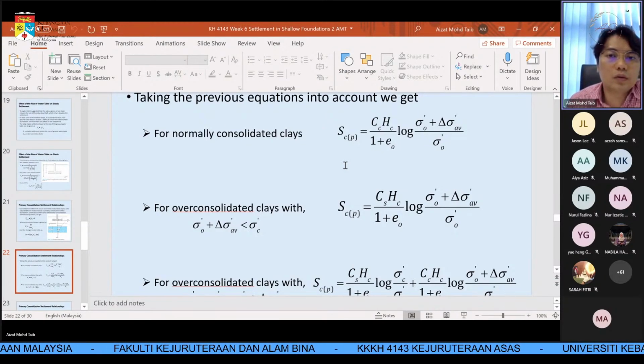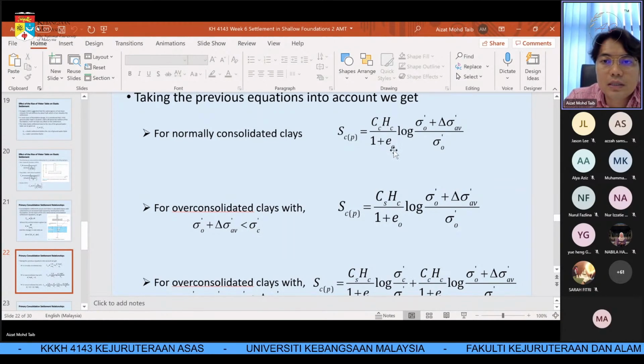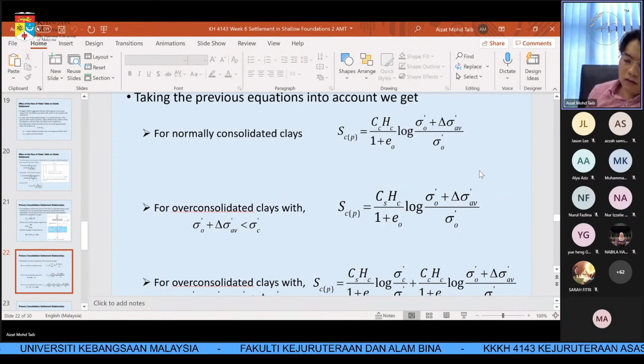Okay, so that is the equation for normally consolidated clay. Okay, so kalau over consolidated means it has gone over time lah. Okay, so Cc Hc over 1 plus e0 log of the initial effective stress plus change in effective stress, Δσ'av. Okay, kejap.